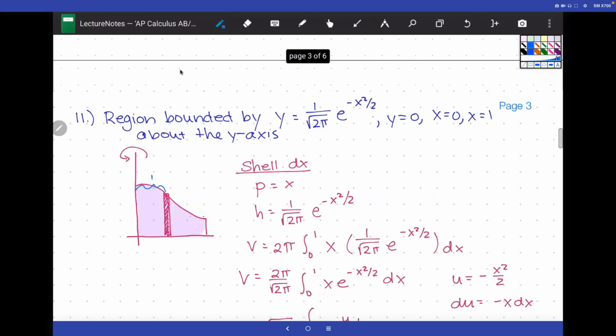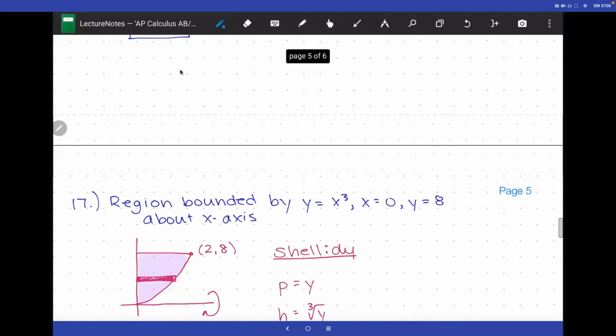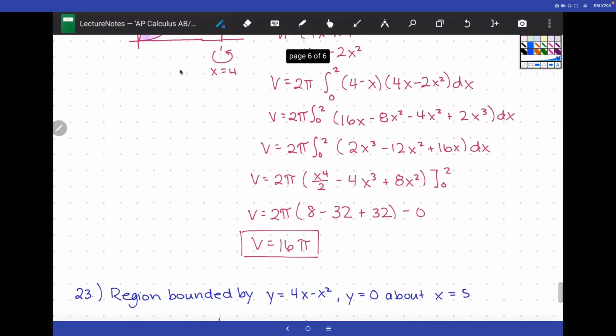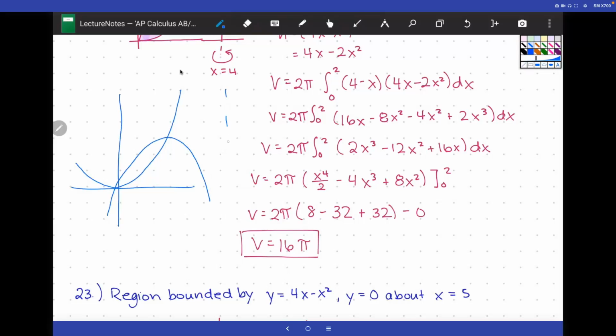So let me actually draw more, because I'm sure she's not the only one with it. Let me make these not so thick anymore. So when you draw it, you've got your one parabola opening up, you've got your other parabola opening down, and then you have this. So, is it this region or is it this region?